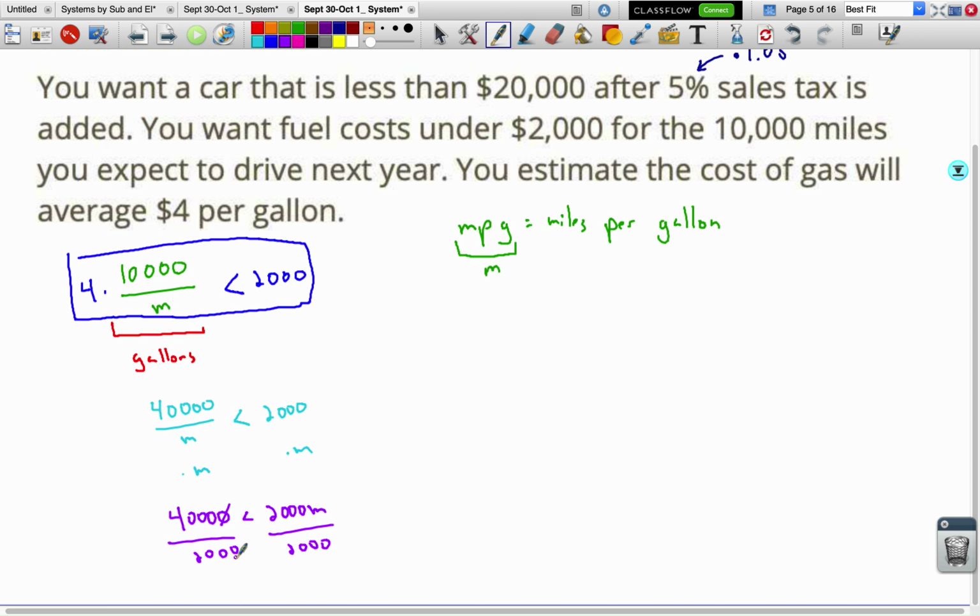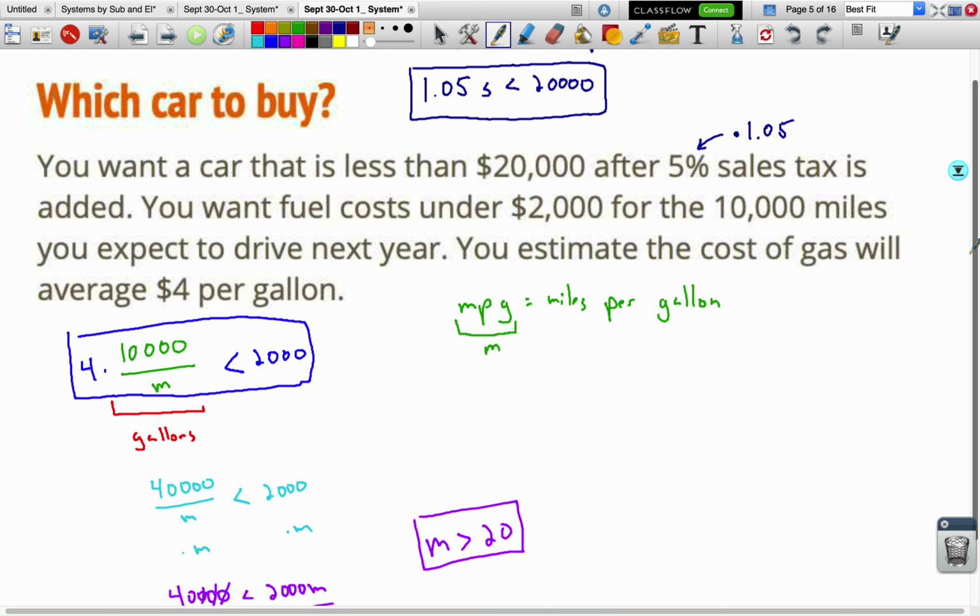And cross out zeros so we can do this without a calculator. 40 divided by 2 is 20. So we want M to be greater than 20. We want the miles per gallon to be greater than 20, which seems pretty reasonable. Some cars are better than 20 miles per gallon, some cars are worse.